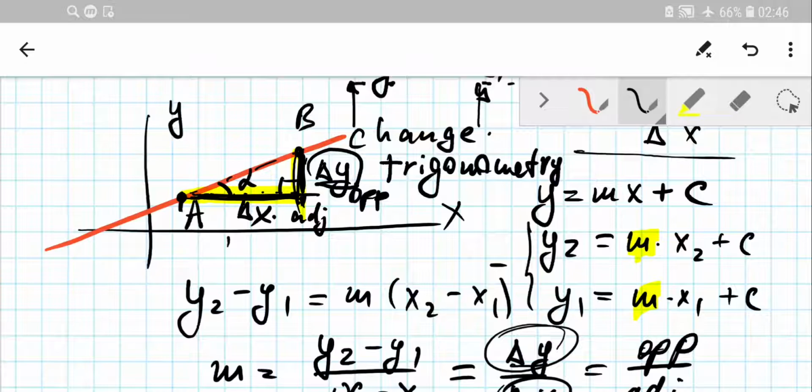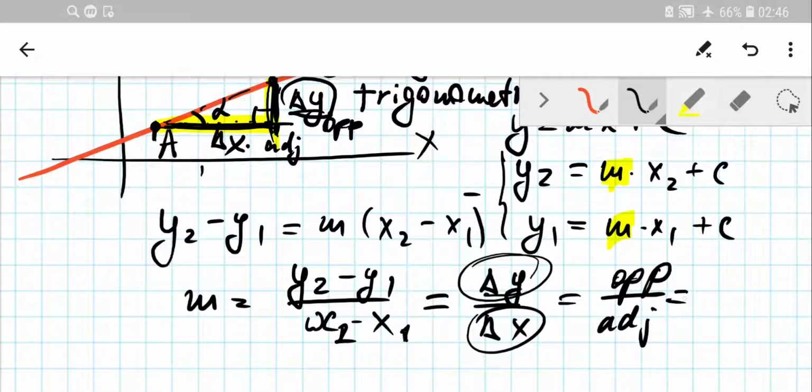It stands for tangent, right? If you remember trigonometry and the definition of a tangent, this is exactly the tangent of this angle. It turns out that coefficient m equals the tangent of the line's angle.